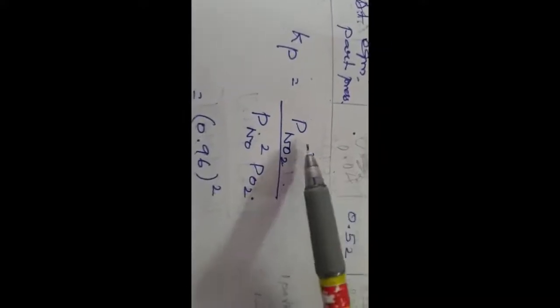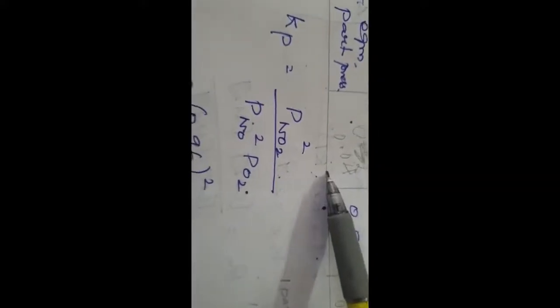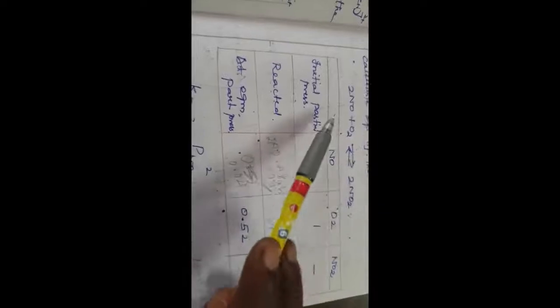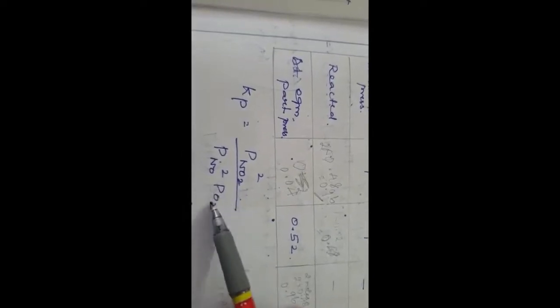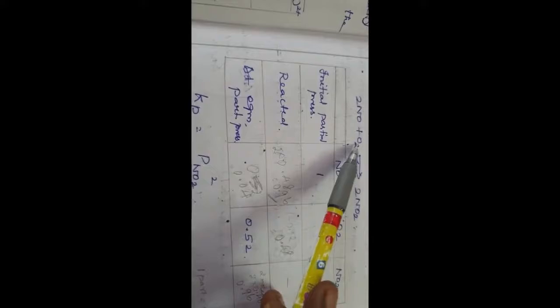Then what is Kp? The partial pressures you already got from this tabular column. Kp is the partial pressure of the product NO2 the whole square, because in this equation the number of moles is 2. When the number of moles is given, you write it as a power. So P of NO2 the whole square divided by the reactant side, P of NO the whole square into P of O2, because oxygen has only 1 mole.